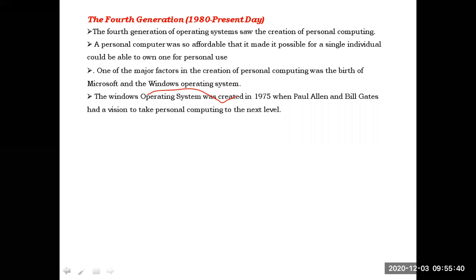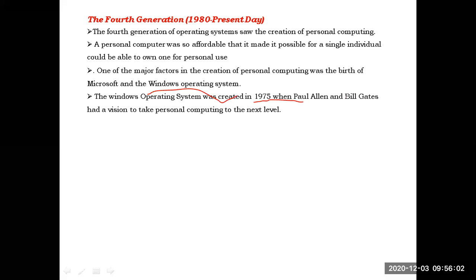The Windows operating system was created in 1975. Who developed it? Paul Allen and Bill Gates, together.